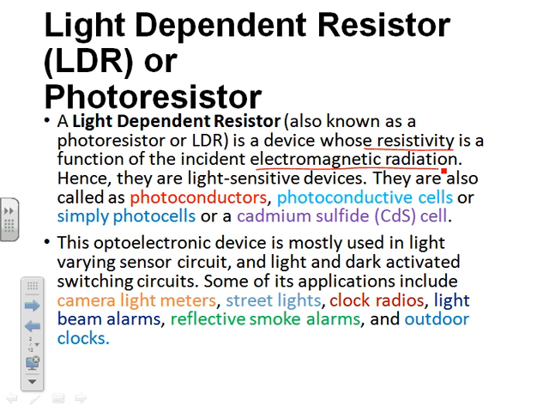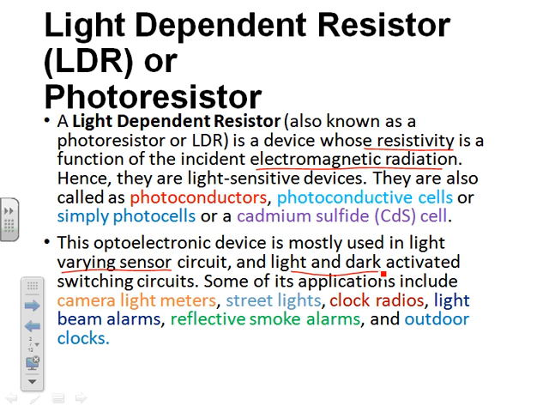This LDR is an optoelectronic device and it is mostly used in light varying sensor circuits and light and dark activated switching circuits. So it is used for switching some circuit corresponding to the intensity of the light.